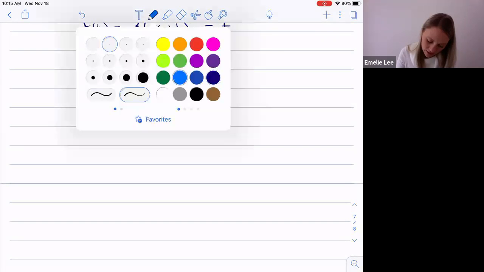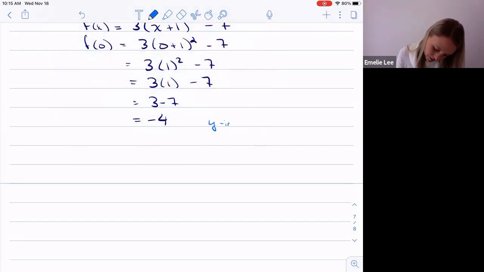So then our y-intercept is at 0, negative 4.